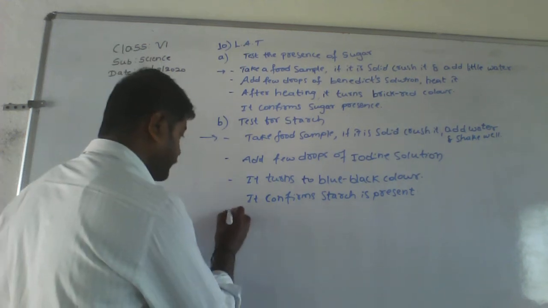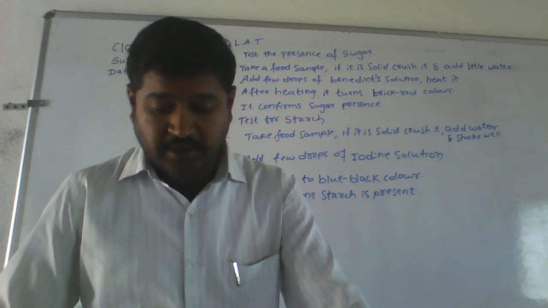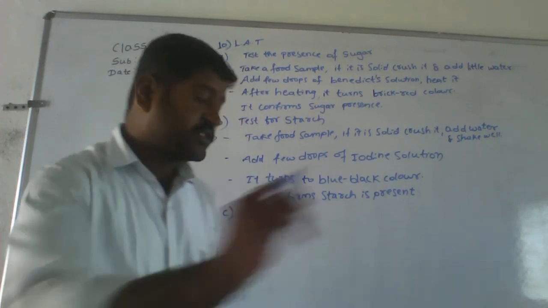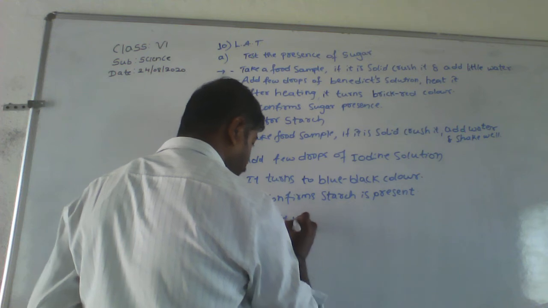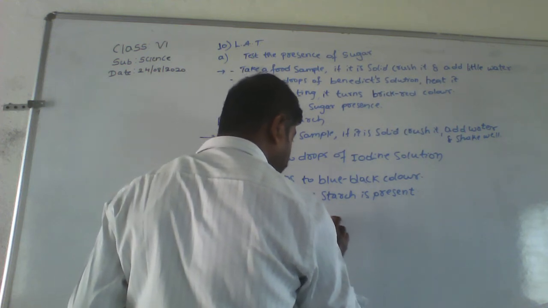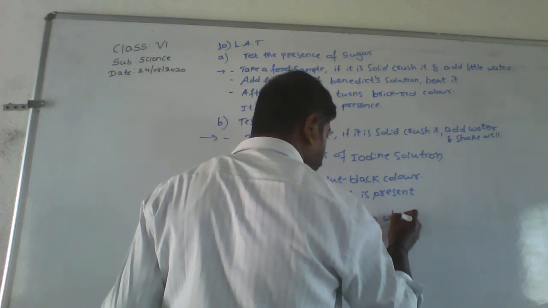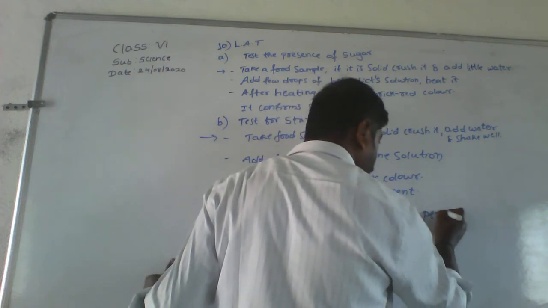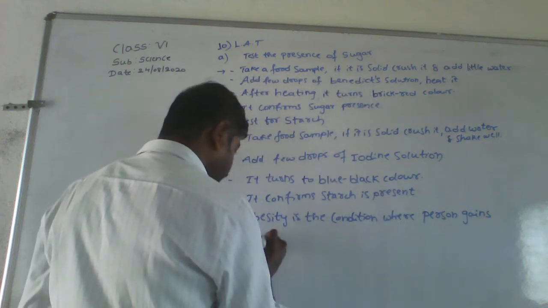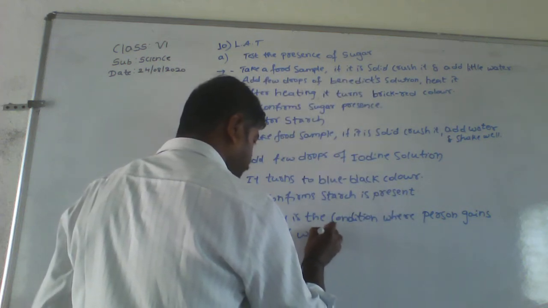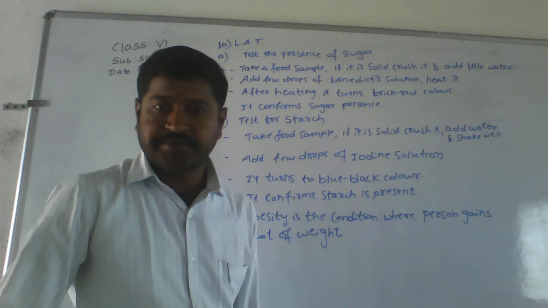number C. What is obesity and how is it caused? First thing, obesity is the condition where a person gains a lot of weight.